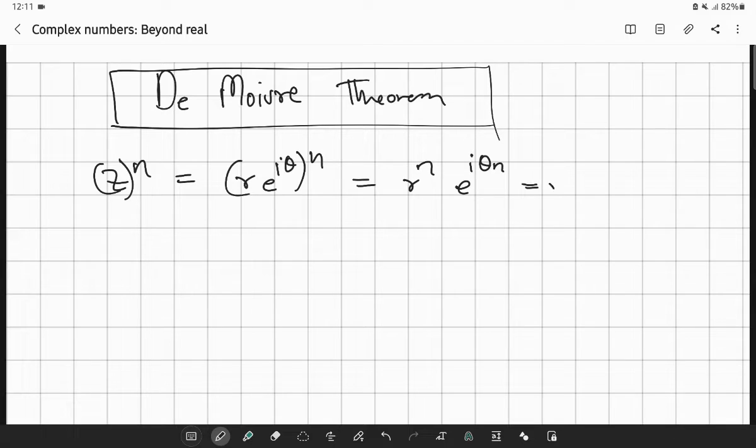This is equal to r raised to n cosine n theta, because the argument here is n theta, plus i sine n theta.